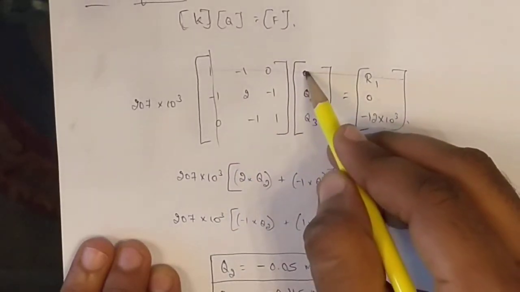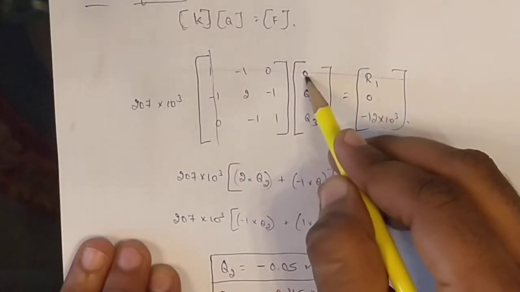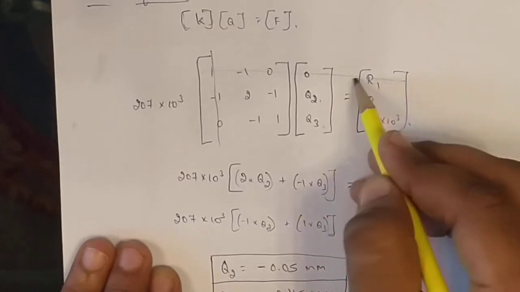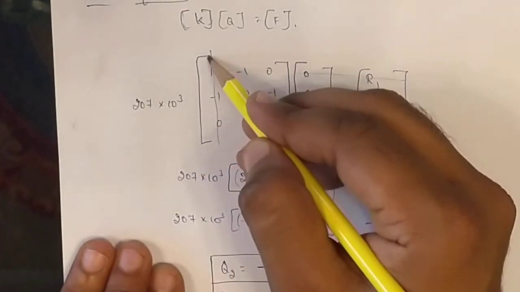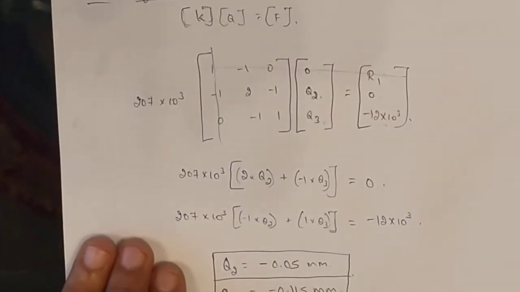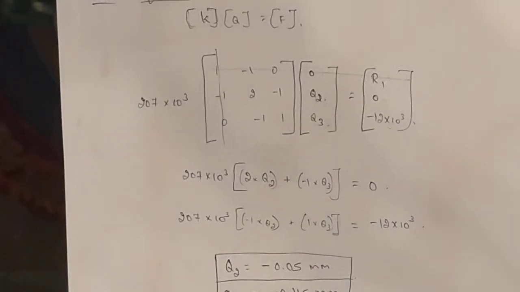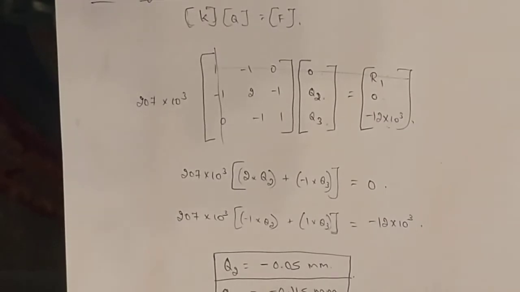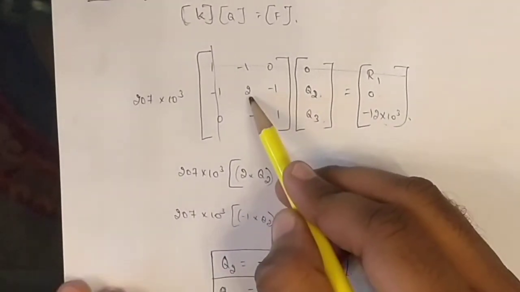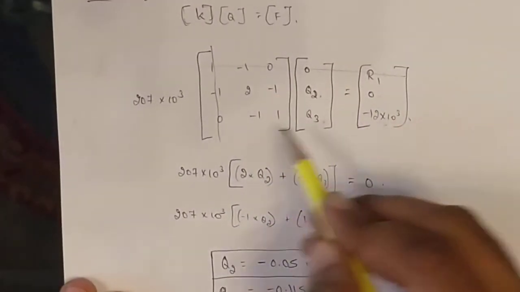For example, I have 0 here in the first row, so I am striking out the first row and the first column of the K matrix. Is that right? Understood? After that, I am left with this part, this and this.